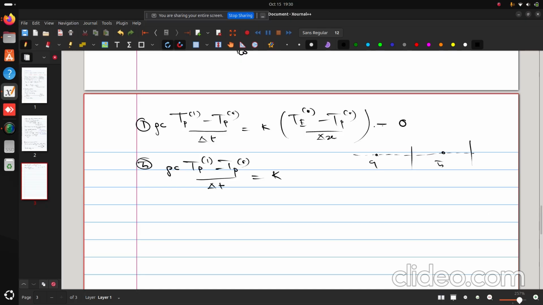So in the west face, we do not have anything beyond the west face, right, because this is the boundary and T is given as 0.